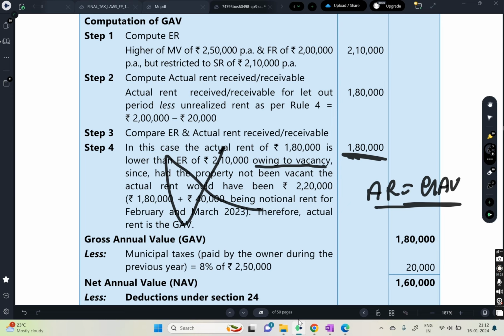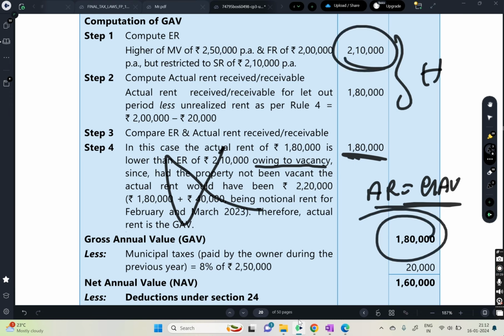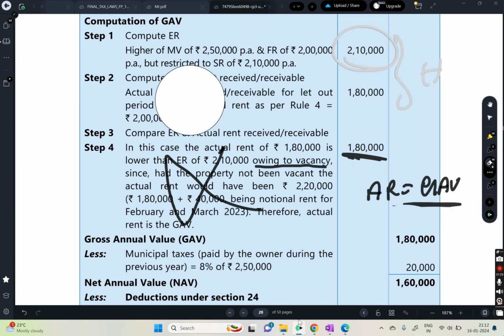Actual rent received is 1,80,000. Normally we will take whichever is higher, no? Then we have to take 2,10,000, right? Then why are you taking 1,80,000?